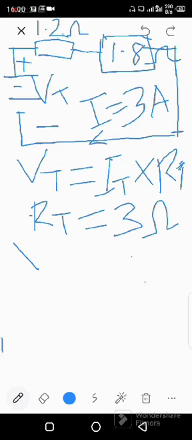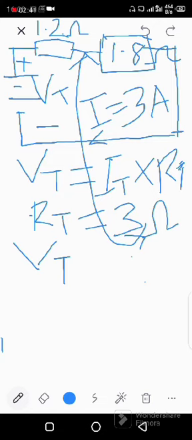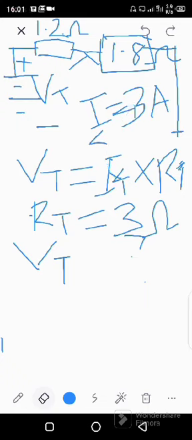So now that we know our total resistance, we can get our total voltage. Our total voltage is equal to, watch carefully, the combined calculation. 1.2 plus 1.8 gives us 3 ohms, and the total current is 3 amps.